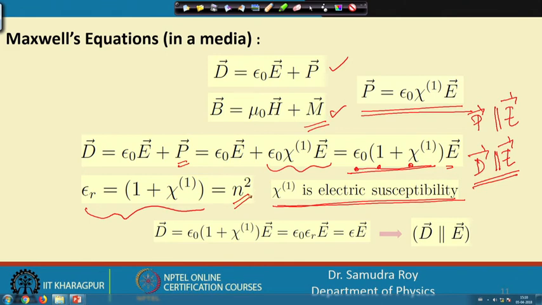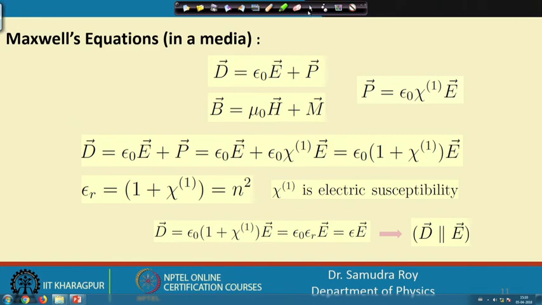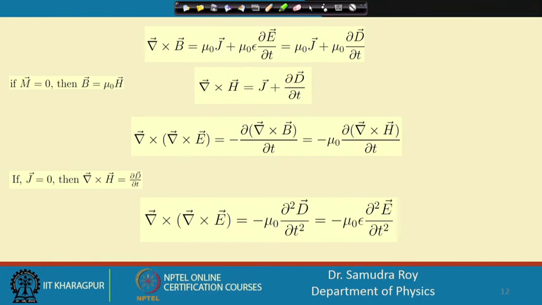So, eventually we have D equal to this quantity, and if I replace this with the relative permittivity, it is this, and epsilon is the permittivity of the system, and this will be related to E, and as I mentioned, D and E are now parallel. Okay, fine, up to this it is okay. So, now let us go to the next slide, and in the next slide we will just manipulate the well known equations.